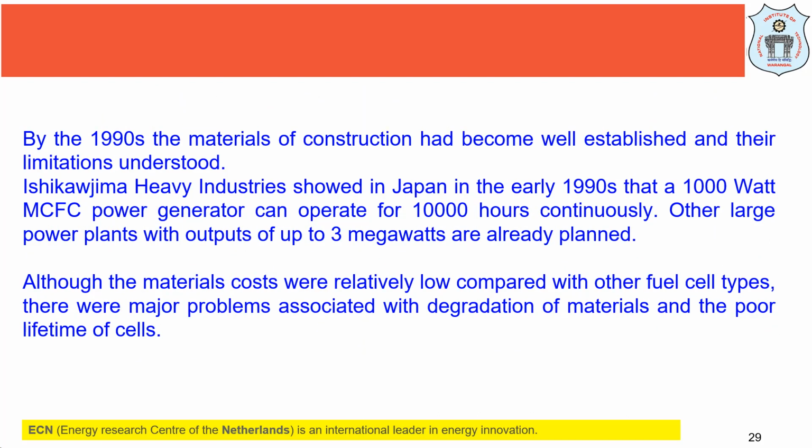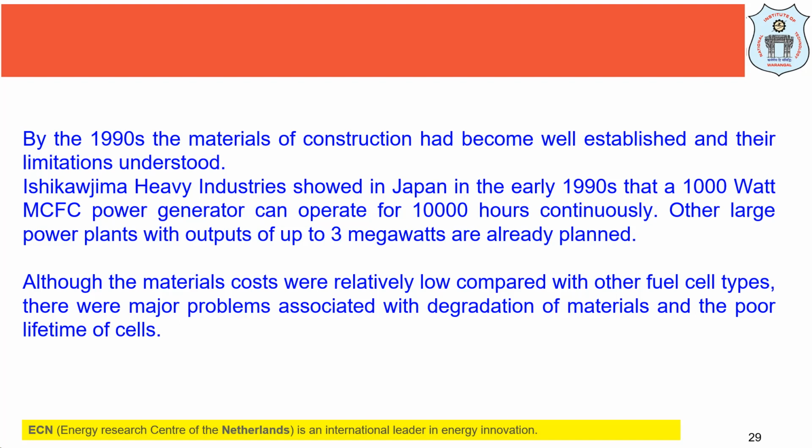Ishikawajima Heavy Industries from Japan showed in the 1980s and 90s that a 100 watt molten carbonate fuel cell power generator can continuously operate without any problem for at least 10,000 hours. They did the research and the experiment and tested it.